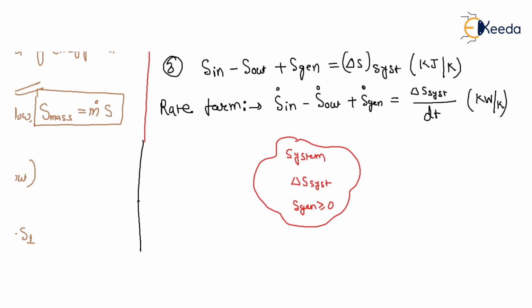Now, if there is a mass in, and there is energy, heat, there is a mass out, and there is a heat out.